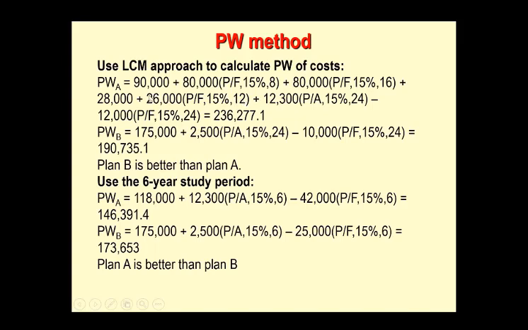So what is the 26,000 here? It is the initial cost minus the salvage value. And plus 12,300 times a factor.